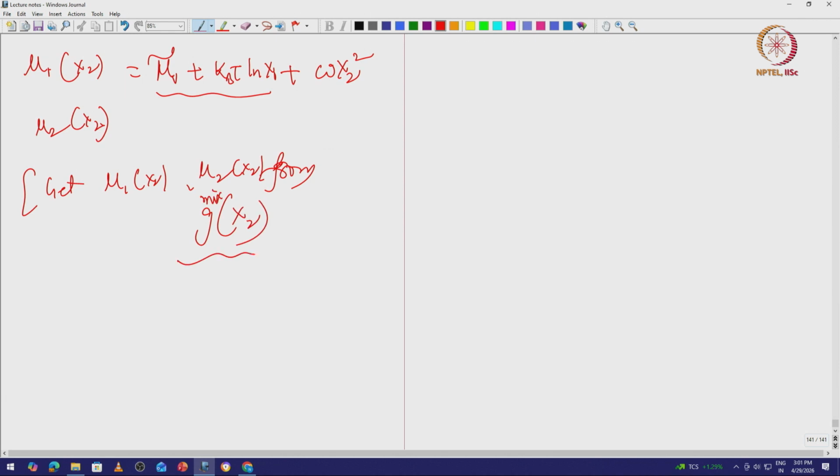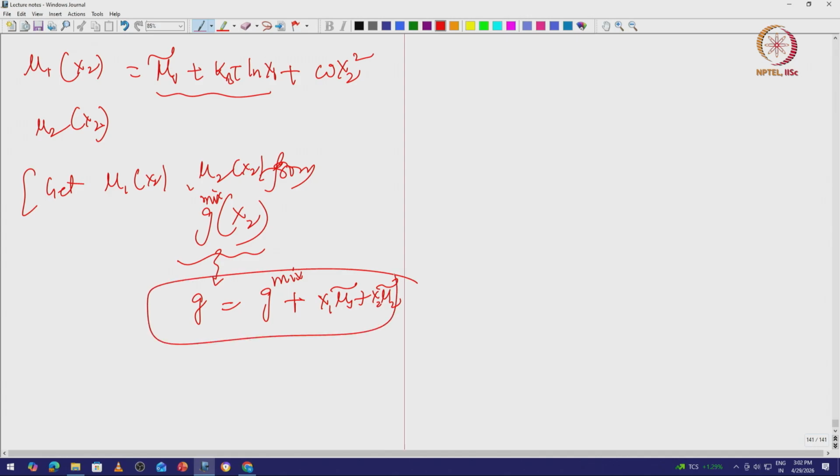From G mix you have to get G, so G equals G mix plus x1 mu1 tilde plus x2 mu2 tilde. From this expression I can get mu1(x2) and mu2(x2), and they turn out to be very simple. So, this is nothing but mu2 tilde plus kBT ln x2 plus omega x1 squared.